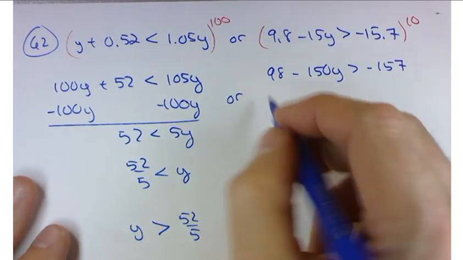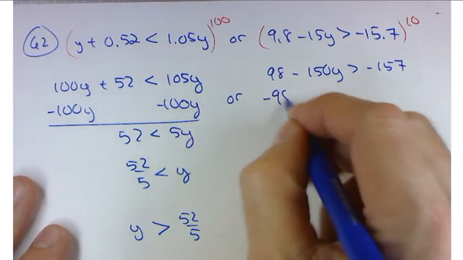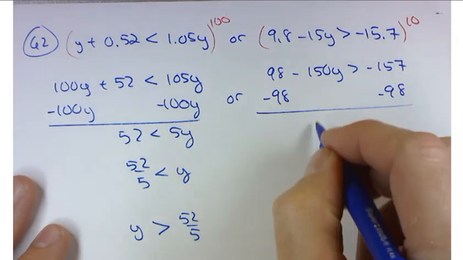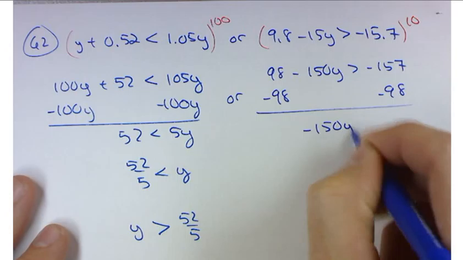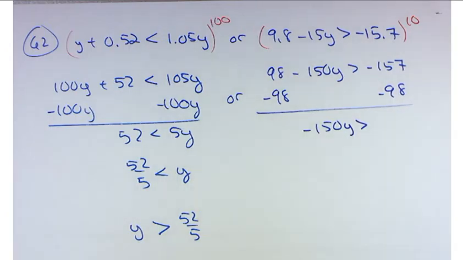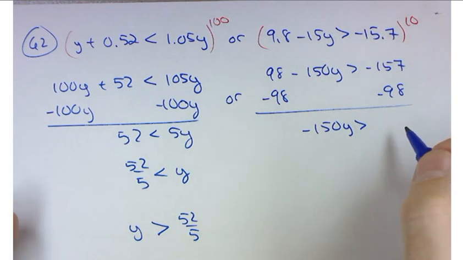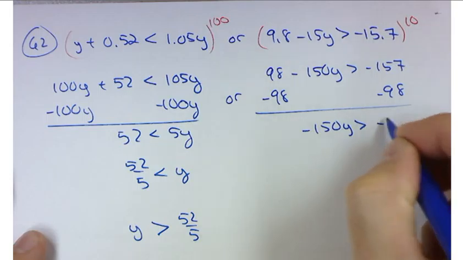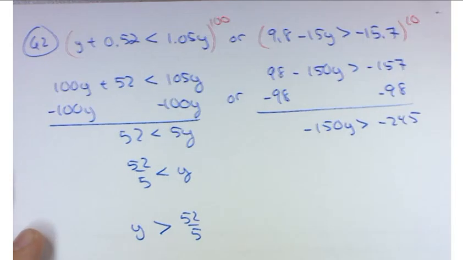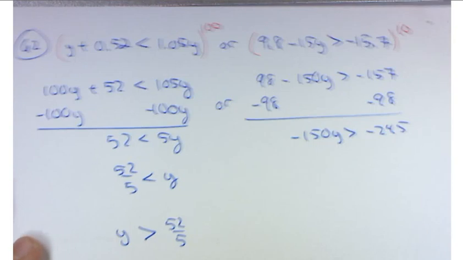So subtract 98 from both sides. Negative 150y is greater than negative 255. Someone want to double check me on that one? 255. Thank you.